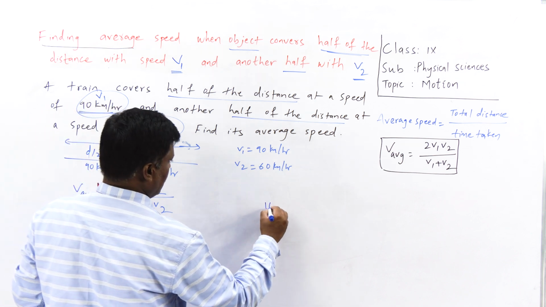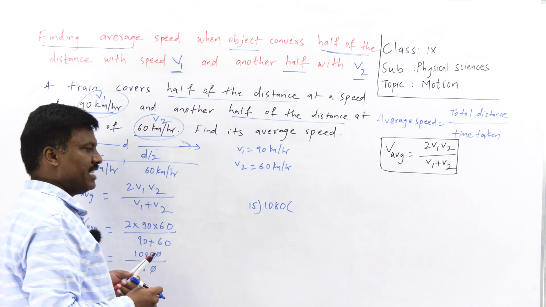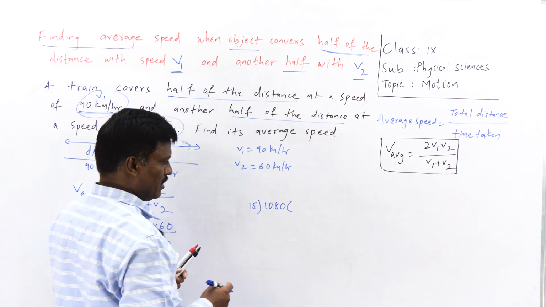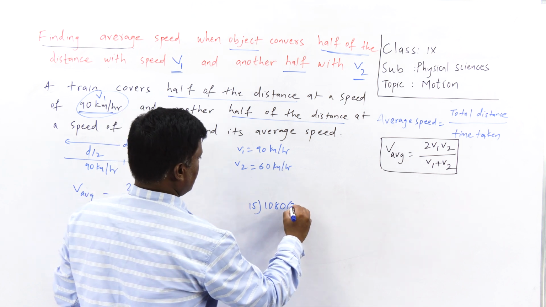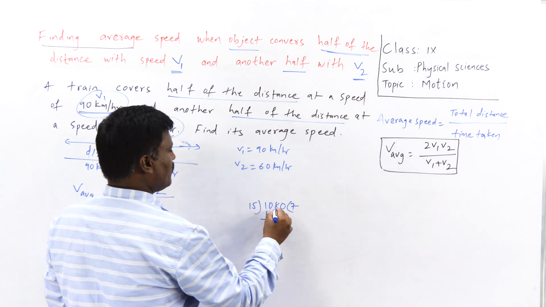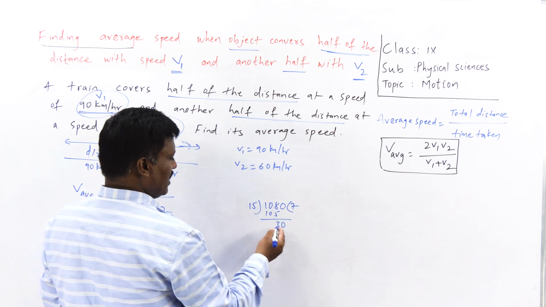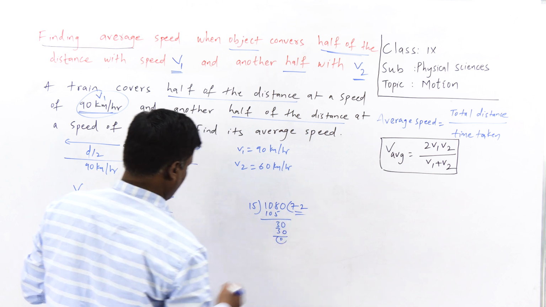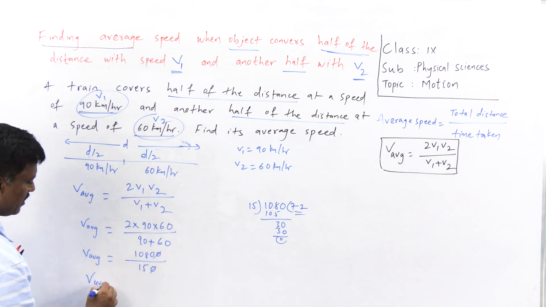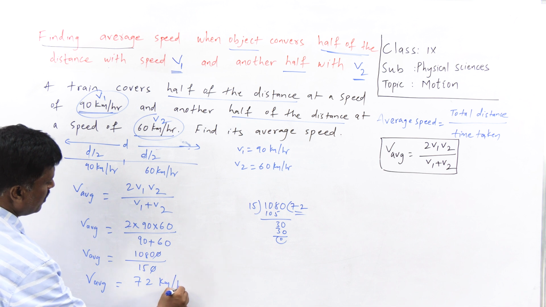Go with the division. 15 fives are 75, 15 sixes are 90, 15 sevens are 105. How much is left over? 30 is left over. Do we get 30 in the 15 table? Easily, 15 twos are 30. So 72. The average speed of the train is 72 km per hour.